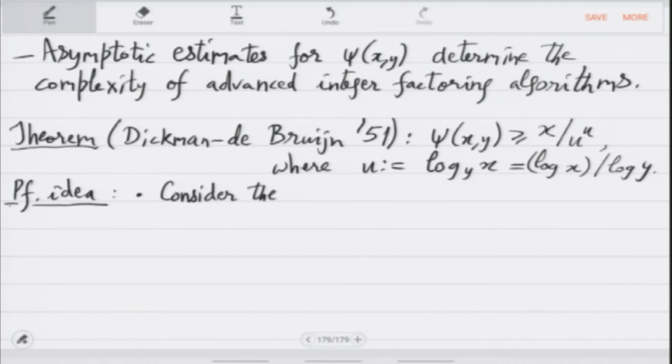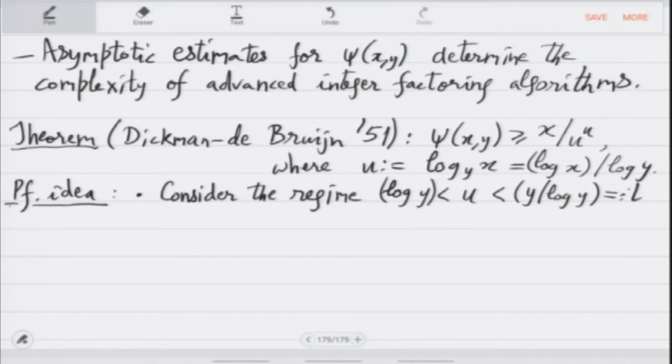Consider the regime where u is at least log y. So u is not very small, and we also don't want u to be very large. Our proof will work when u is neither very small nor very large.